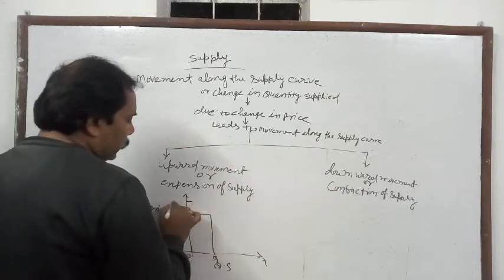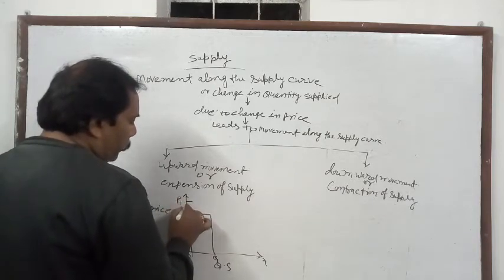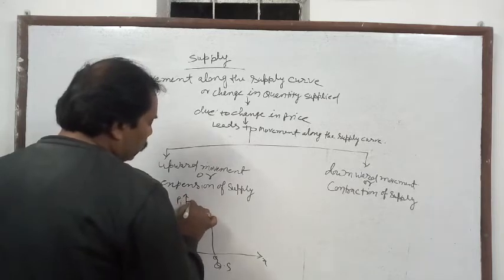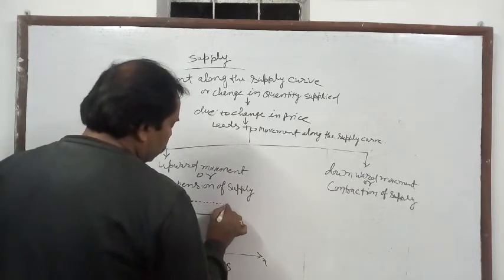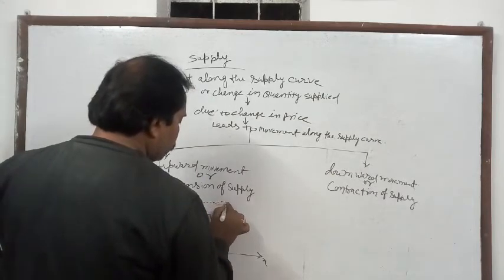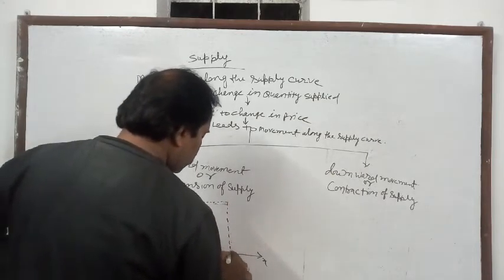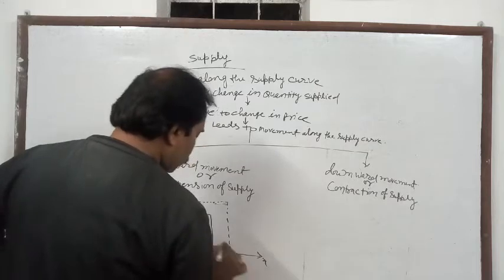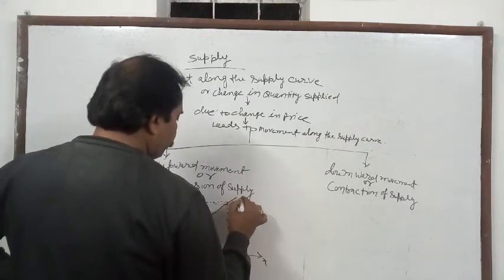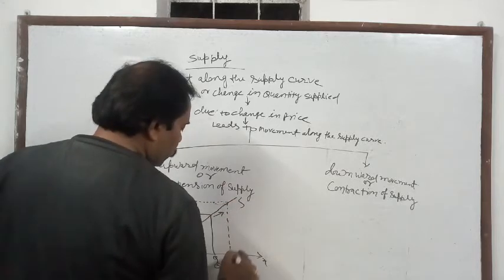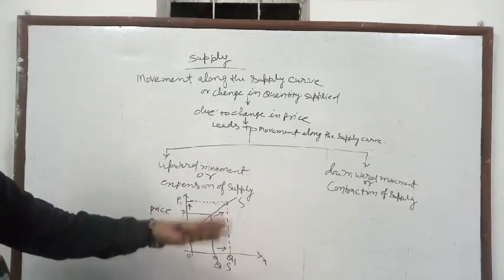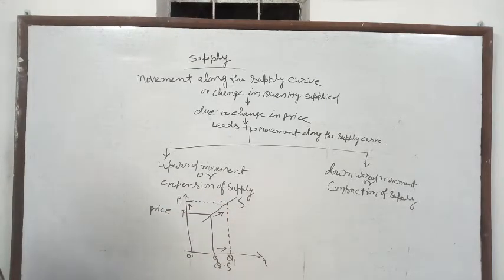As the price increases from OP to OP1, the quantity supply increases. This is the supply line. So that is known as expansion of supply.